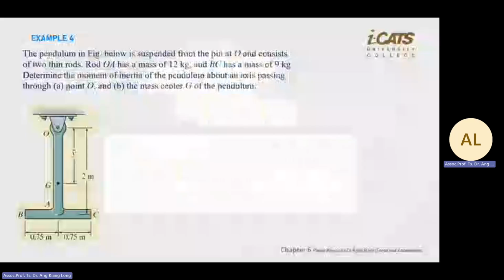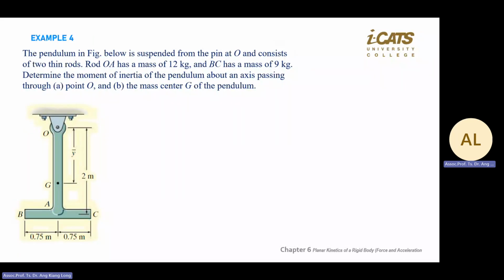If you refer to this one, you're given the G and the O. Basically, you look at the object, and the component is a combination of two thin rods, like a pendulum. The question says thin rod, so it refers to the rod.